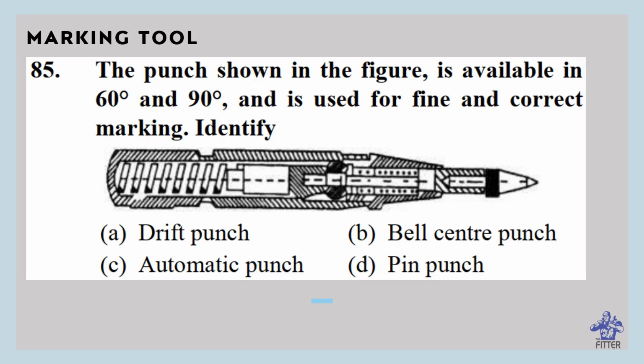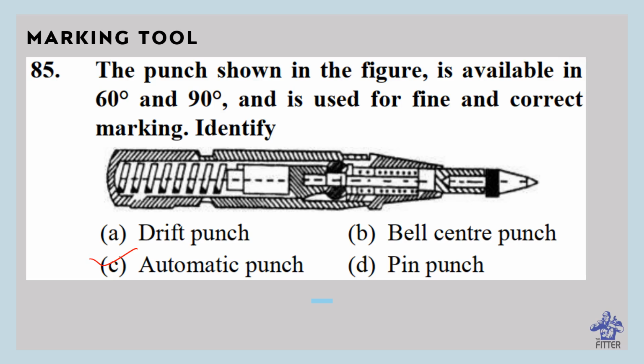The punch shown in the figure is available in 60-degree and 90-degree and is used for fine and correct marking. Identify it. So this is automatic punch. It is a modern punch, and while using it, there is no need to strike a hammer over the punch head.